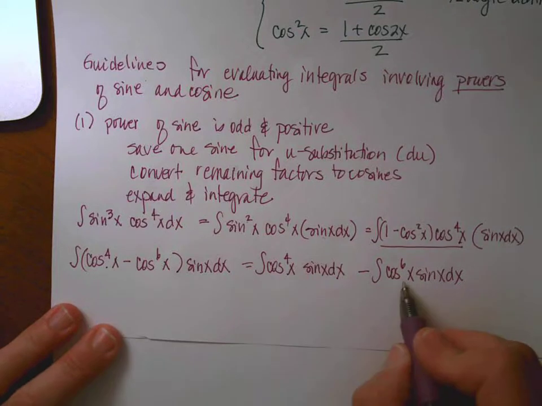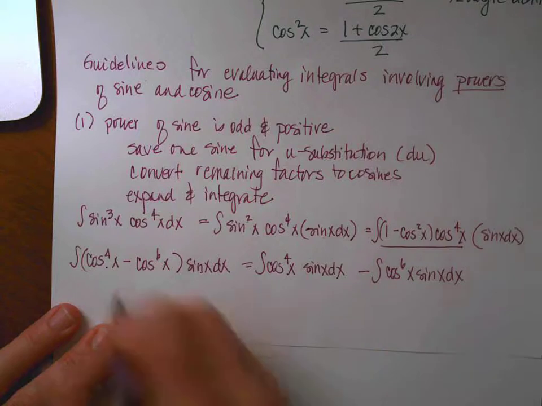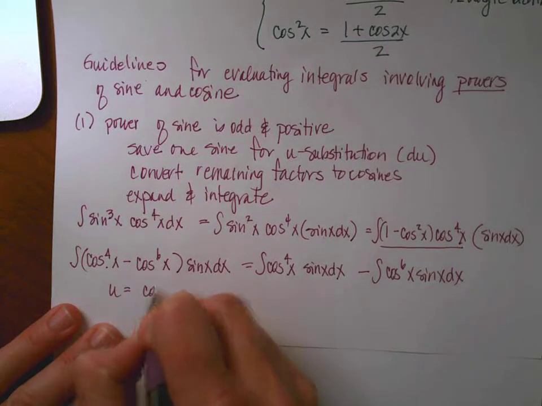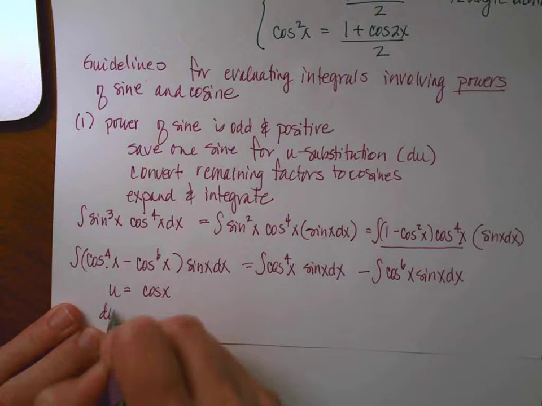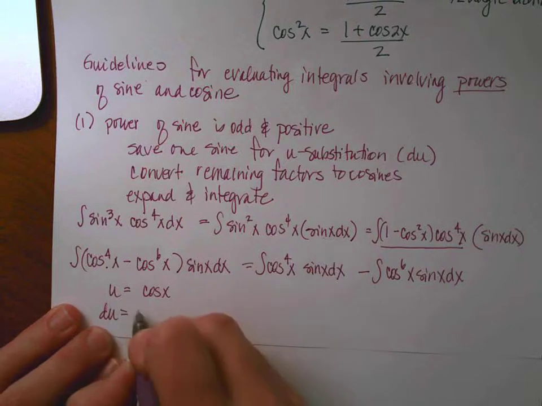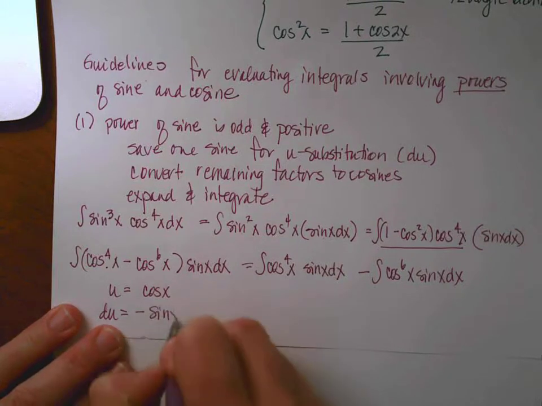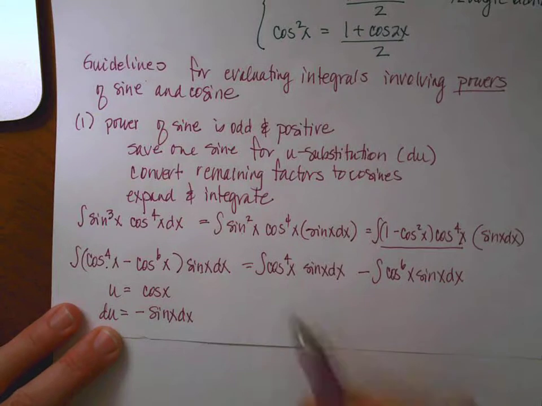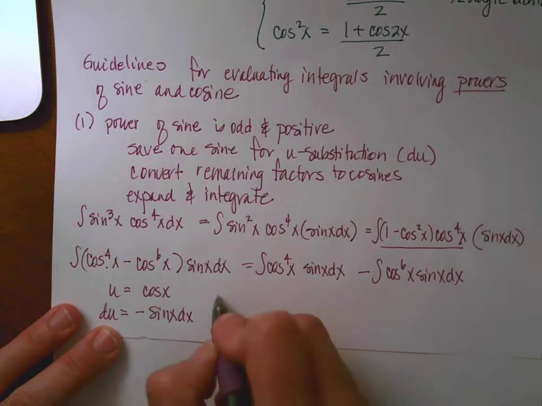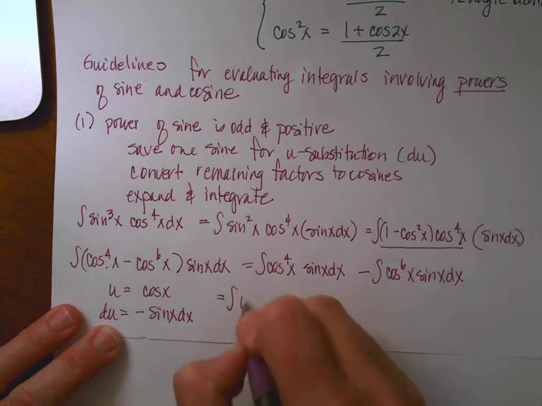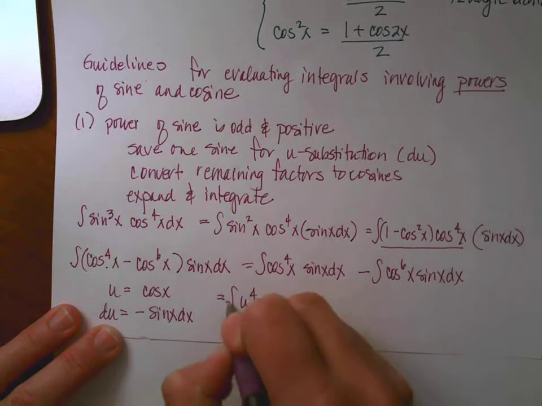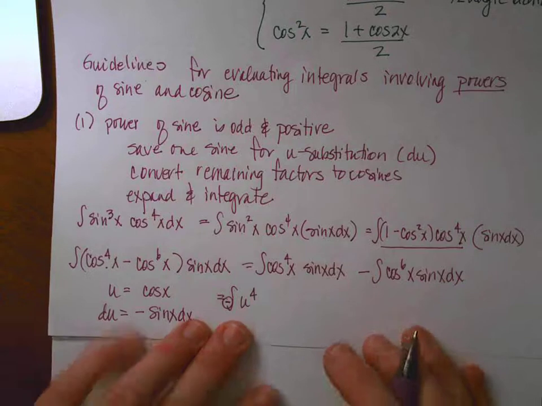Well, now I'm going to do my u substitution, and I'm going to do the same substitution in each integral. So I'm going to let u equal the cosine of x. Well, then du is a negative sine of x dx. So in the first integral, I need to introduce the negative. So this is going to become the integral of u to the fourth, oops, I got to get my little minus in there.